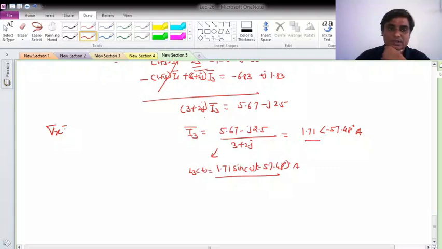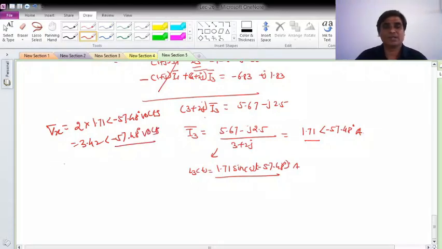So Vx phasor is 2 into 1.71 with angle minus 57.48 degree volts, and this is 3.42. Angle will remain same, 57.48 volts. Okay, and you can convert it into time domain if you want. Right? So this way you can solve for mesh.